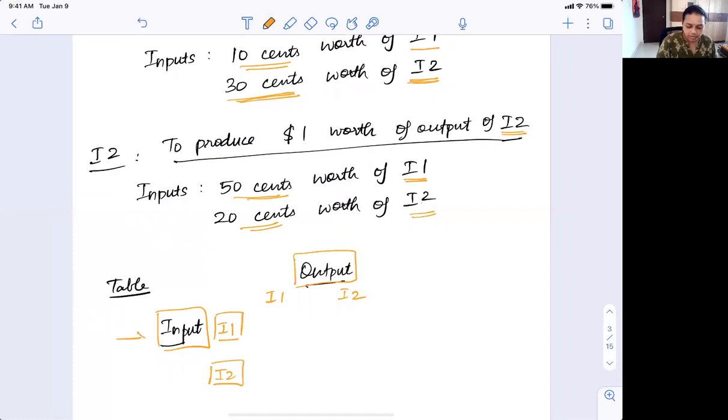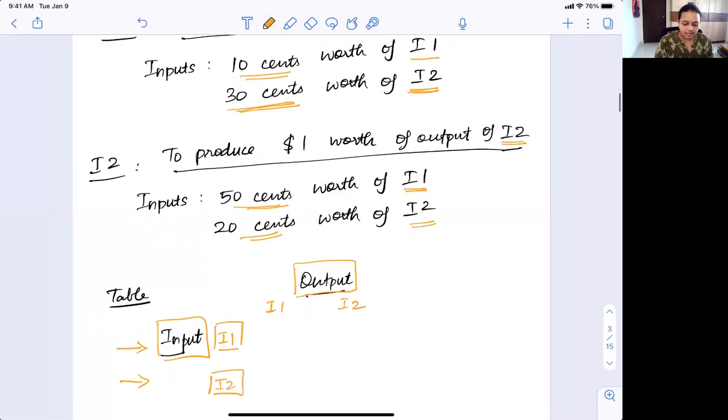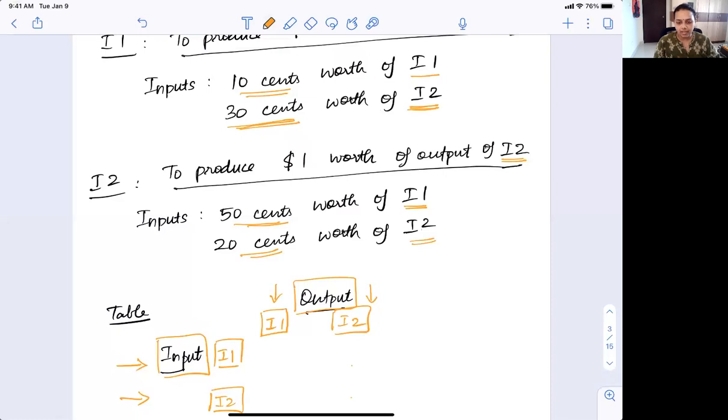We'll read the rows that way. And the way to read the columns would be: to produce I1, how much input do you need from I1 and I2? And to produce I2, how much input do you need from I1 and I2? Now, let's go over the columns and fill them up.